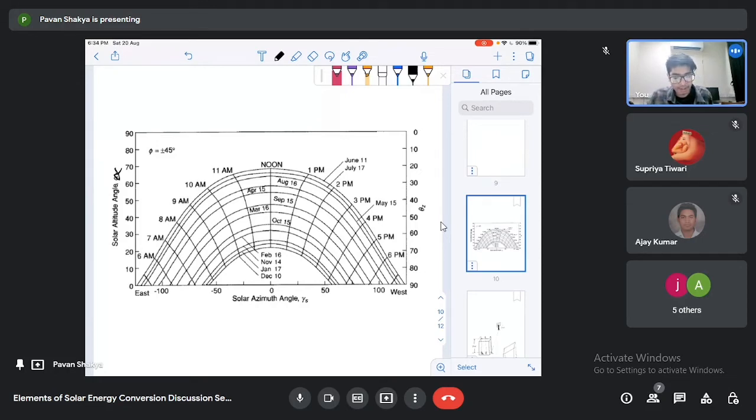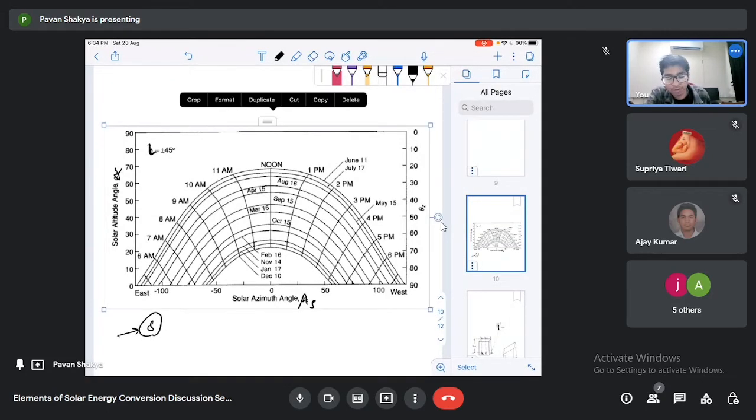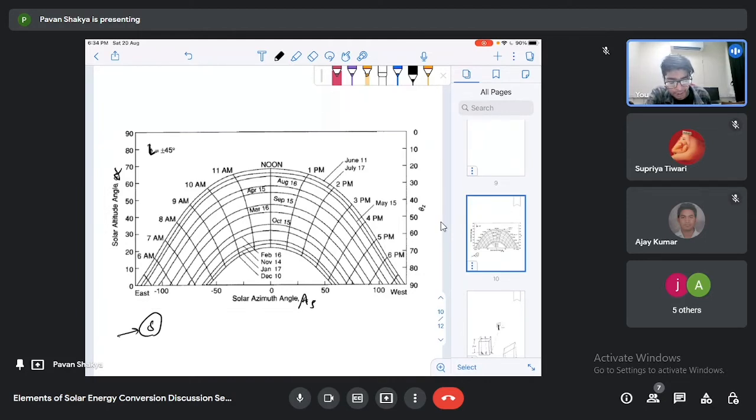You will see some lines on this graph. If I am plotting these lines, it means for a particular delta I can use this graph. This is our latitude, so this graph changes with the latitude angle. So latitude and the declination angle are the parameters that I have fixed for this graph.